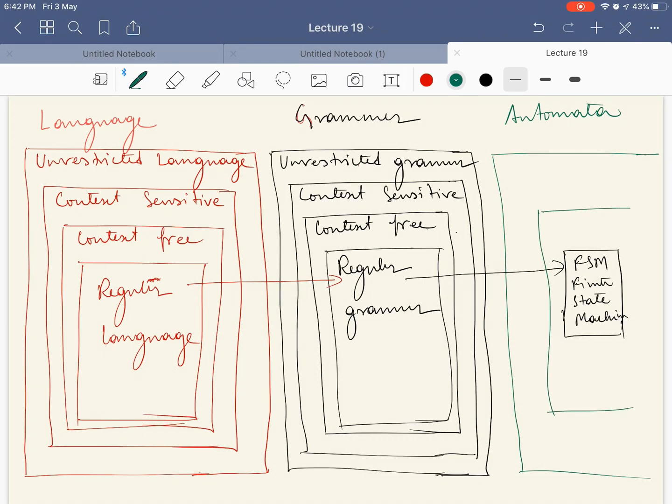The context free language and its corresponding automata is called push down automata.